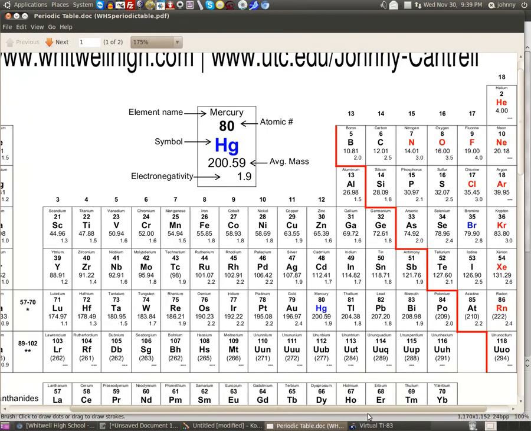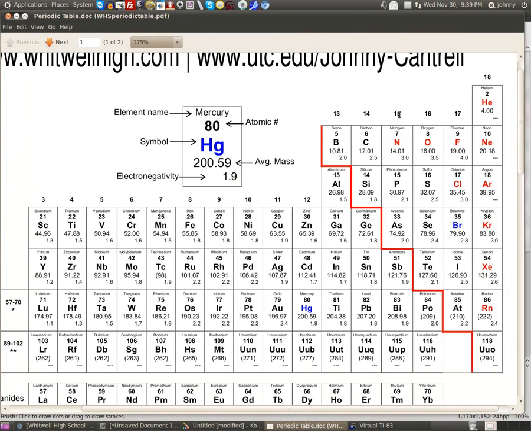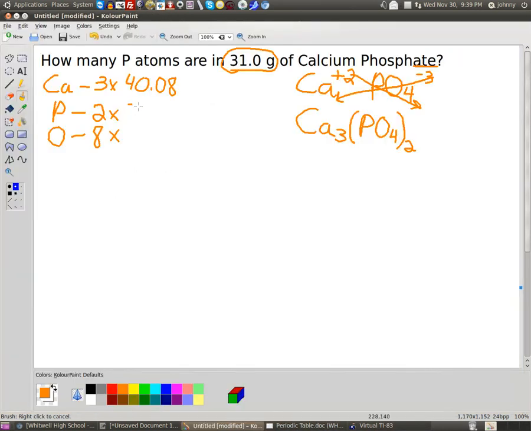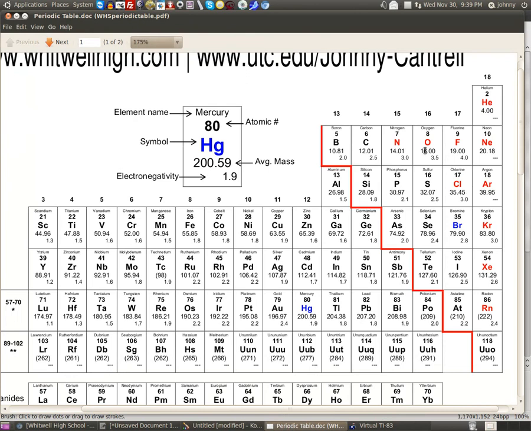Phosphorus is in column 15. Notice it has an atomic mass of 30.97. So let's write that down. 30.97. I'm doing this with a mouse, so this isn't too bad. Oxygen, I think on this is 16.